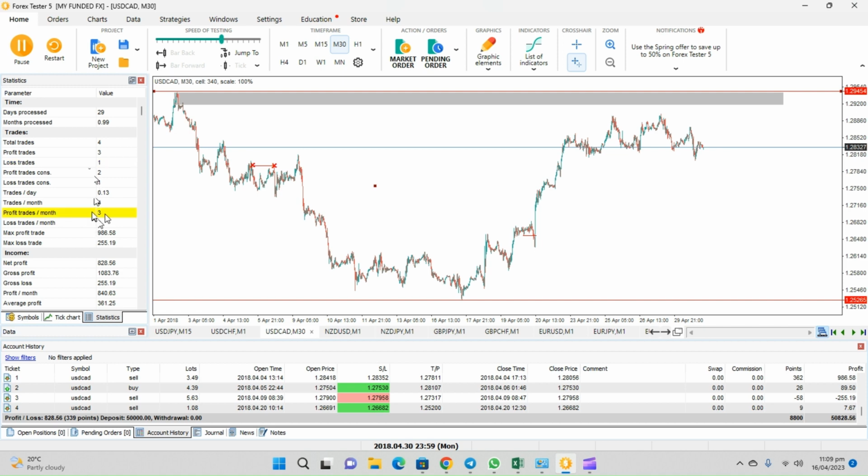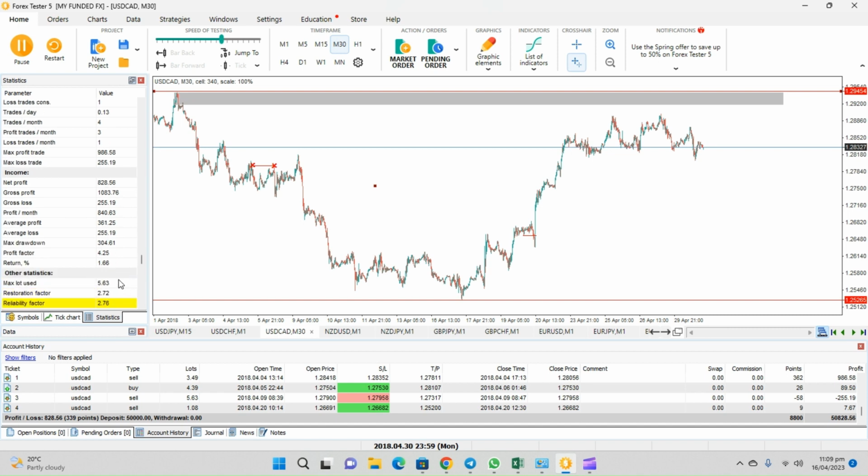They're looking at 3 wins and 1 loss right here. The profit of about $986, and the maximum loss of 225 right here. This is the net profit. Gross profit is that right there. And the profit factor is about 4.7.